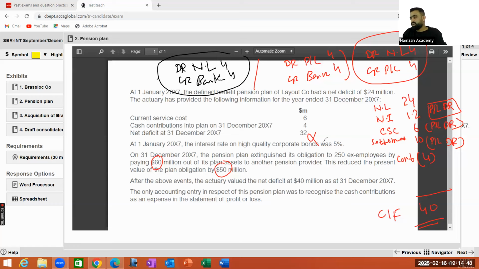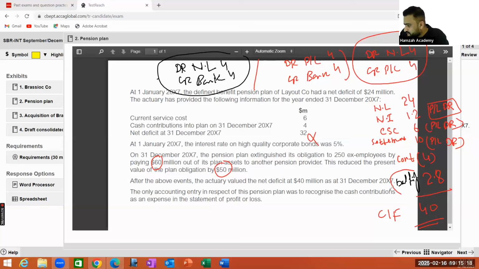Now, after doing all this, you will get a remeasurement gain or remeasurement loss, and that will be the balancing figure. And if you calculate the balancing figure here, that balancing figure would be 2.8 million.